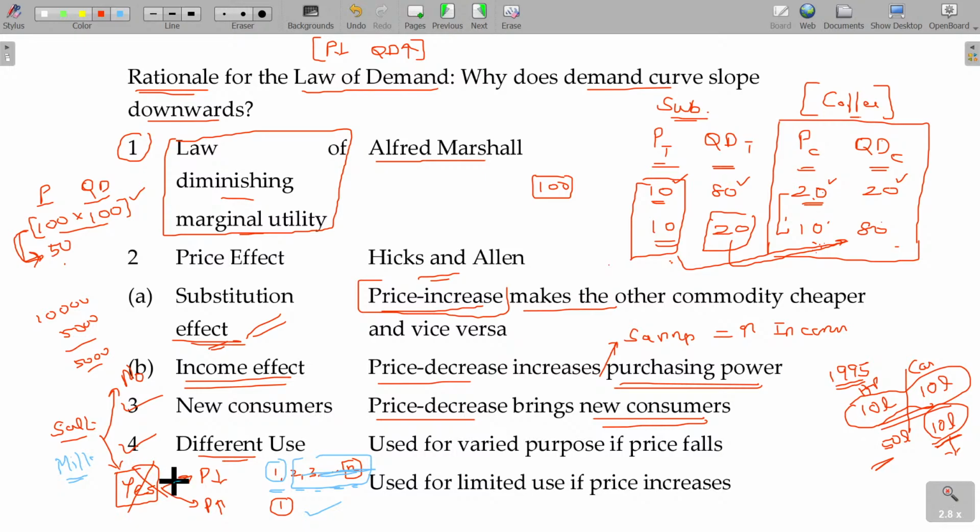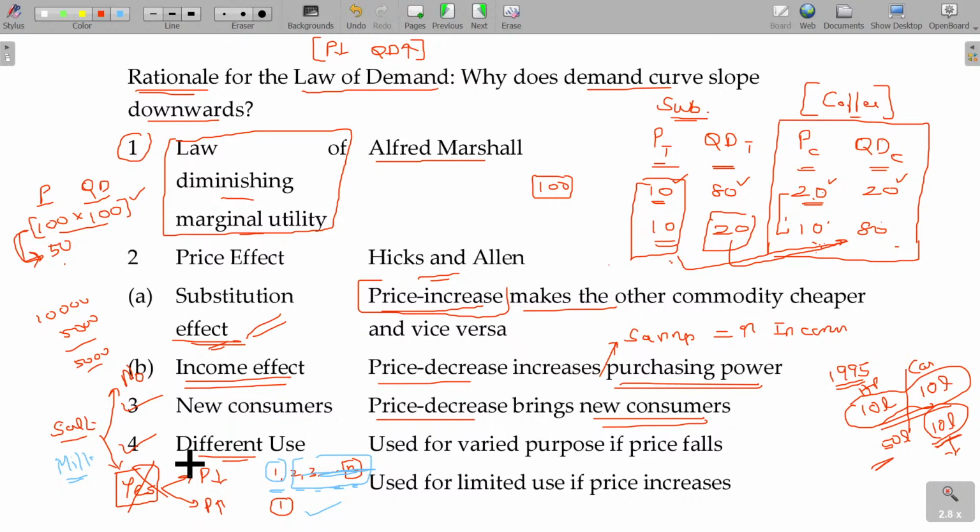If the salt is offered at the cheapest rate, will you put a spoon of salt in your coffee, in your sweet, because salt is cheaper? Will it be possible? No. So if the salt does not have multiple uses, then it will not play any role due to changes in the price. Whether the price of the salt increases or decreases, you don't purchase it as you wish.